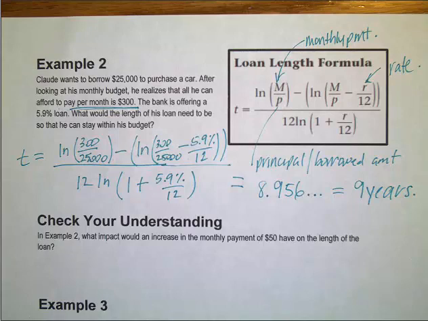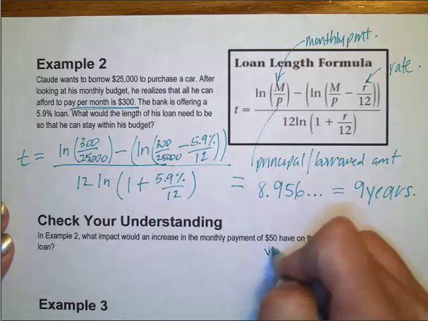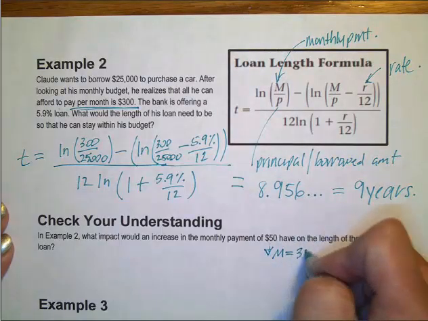All right, so in example 2, what impact would an increase in the monthly payment of $50 have on the length of the loan? So now we're going to change that amount to $350, okay? So this makes your M equal $350.